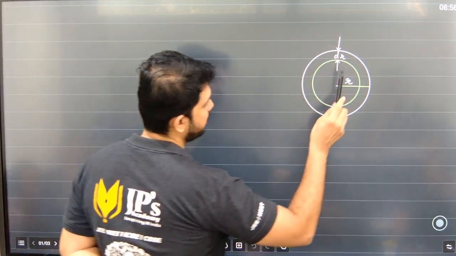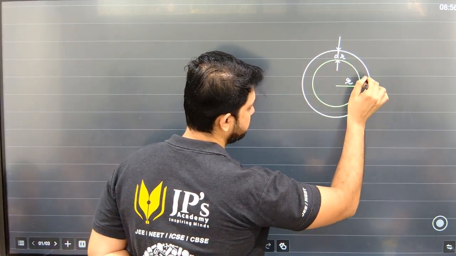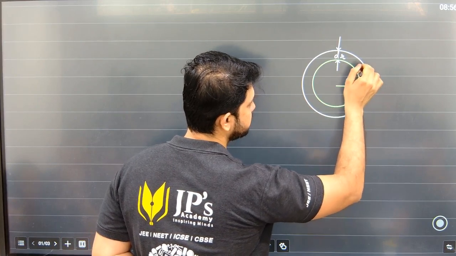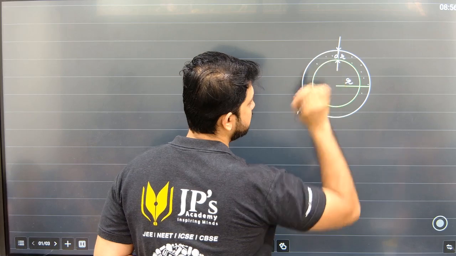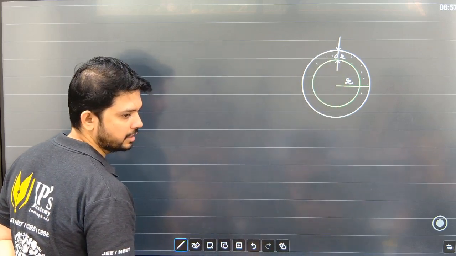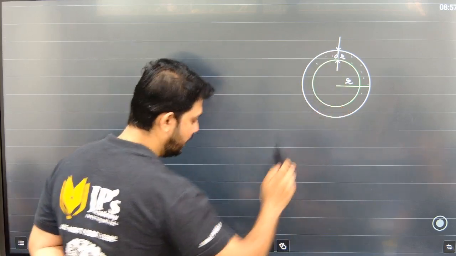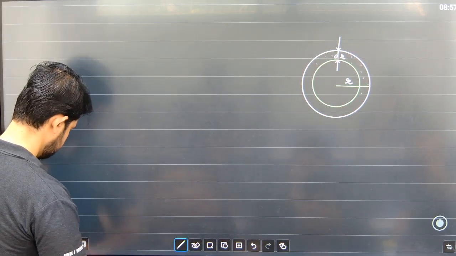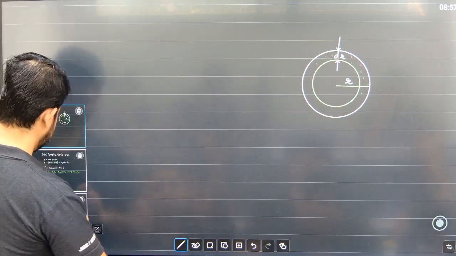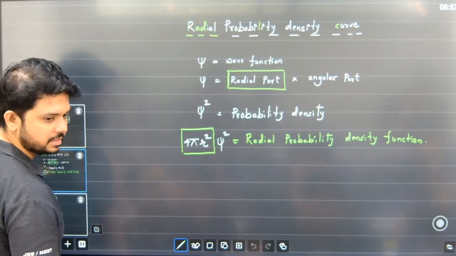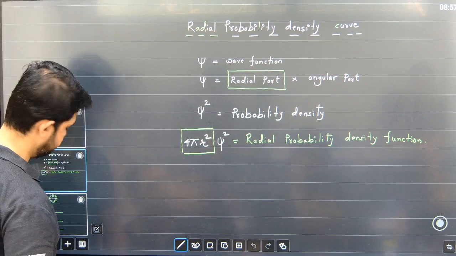So it is something like this. Remember, every dot over here represents a possibility to find the electron. So what is that particular probability? That we have written here: 4 pi r square and psi square. Did you people get that?